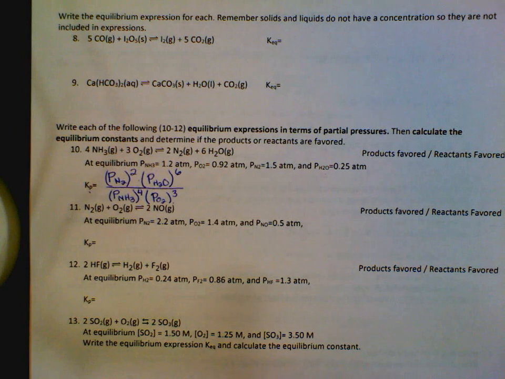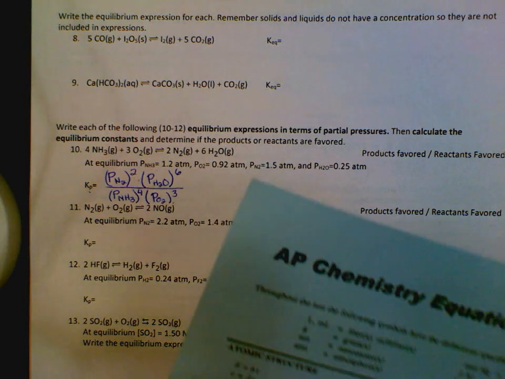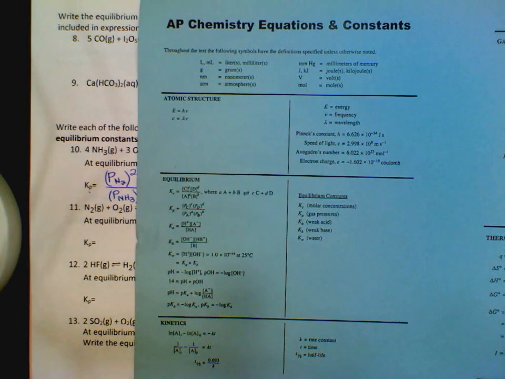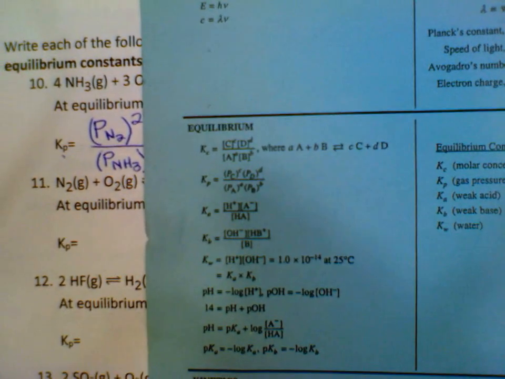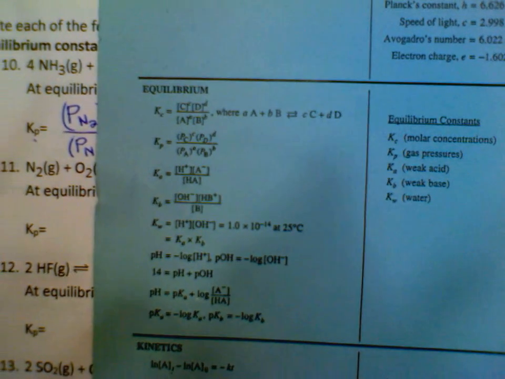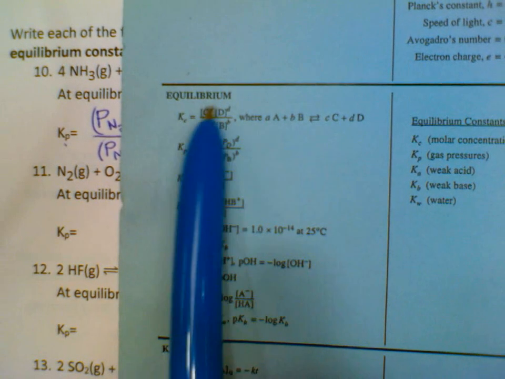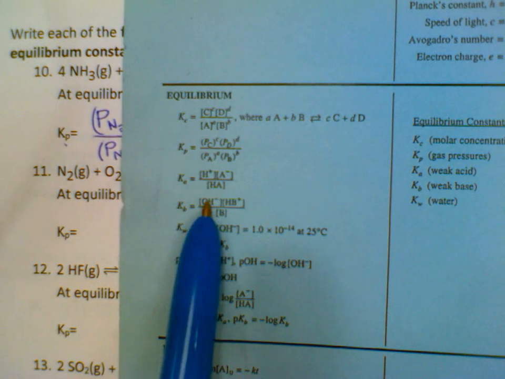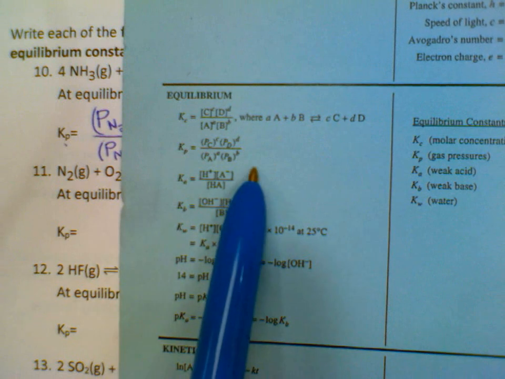One other thing I'll point out is on our equation sheet, you are given, let me see if I can zoom a little here. Nope, it's off. Okay, do it manually. So you guys can see that you're given this generic equilibrium expression, and it also shows it in terms of pressure, and in terms of an acid and a base.